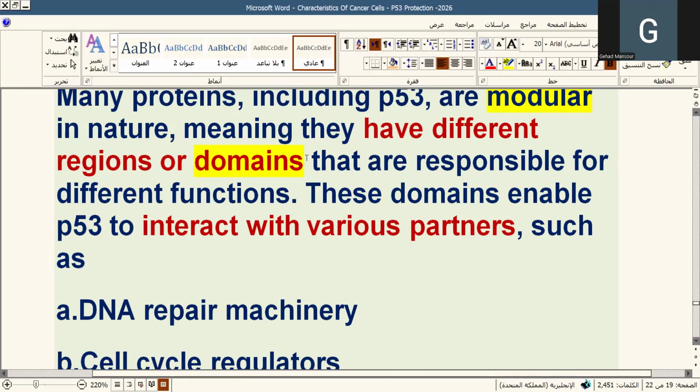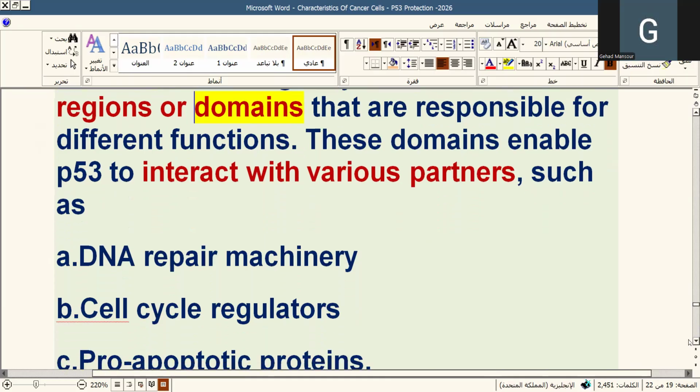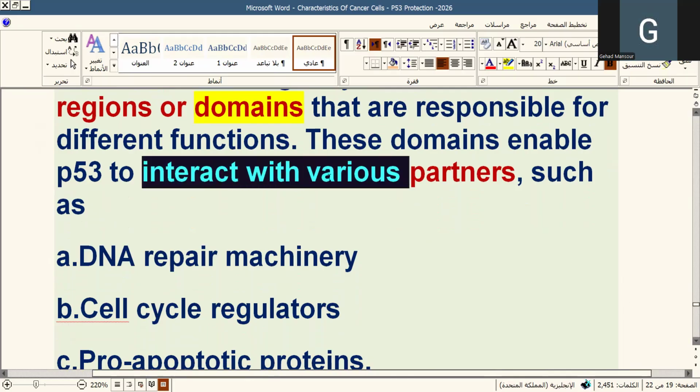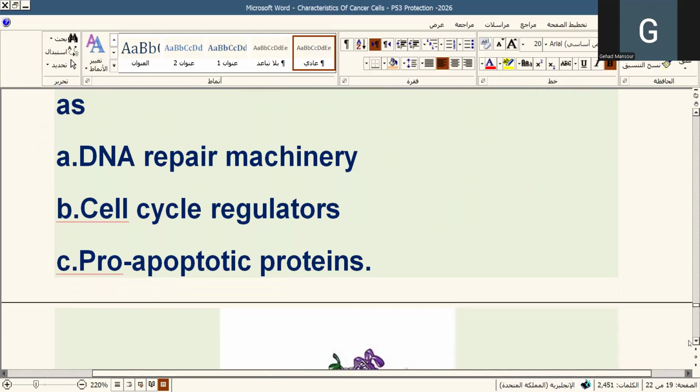So those domains on the three-dimensional proteins can only bind with molecules that are complementary in shape and complementary in charge. And these domains allow the P53 to interact with various partners, and those partners are nothing but the signaling molecules.